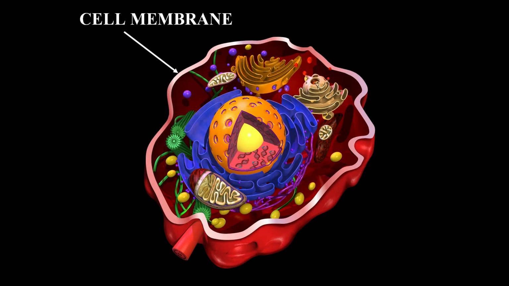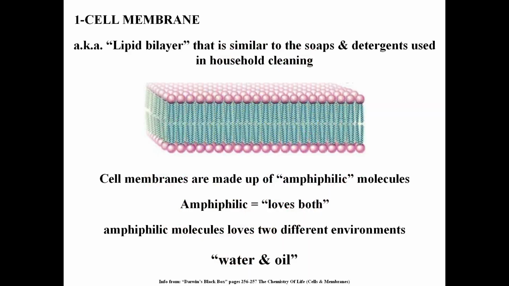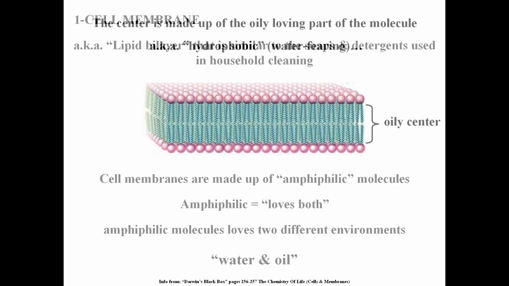Then you've got the cell membrane. The cell membrane, also known as a lipid bilayer, is similar to soaps and detergents used in household cleaning. Cell membranes are made up of amphiphilic molecules. Amphiphilic means it loves both. Amphiphilic molecules love two different environments, water and oil.